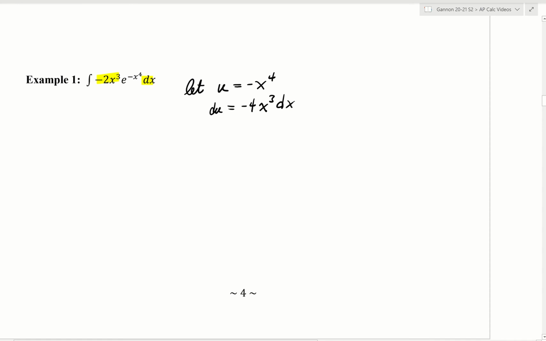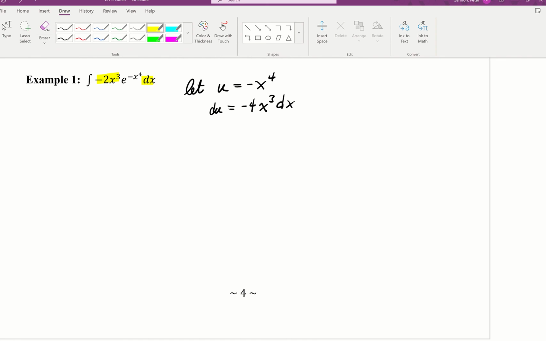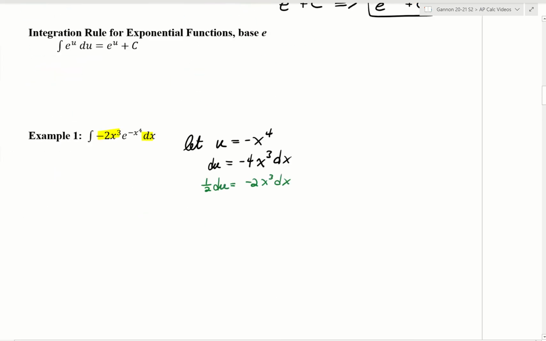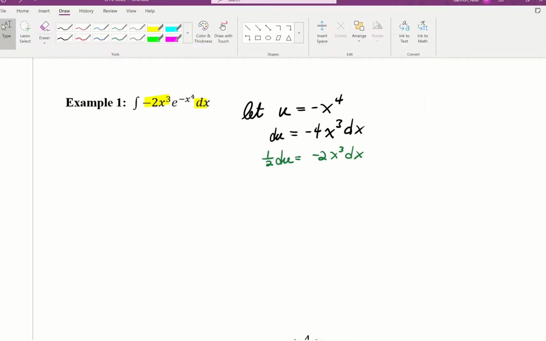So we want negative 2x cubed dx. In order to make this a negative 2, we're going to divide by 2. That means that 1/2 du is negative 2x cubed dx. At that point, I'm ready to substitute.